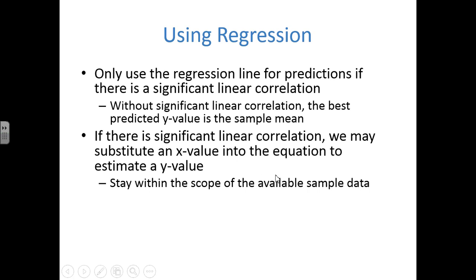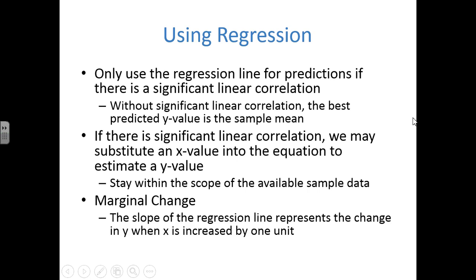If we try to predict outside of the sample data used to come up with that model, we will not be getting good predictions. The marginal change is the same thing as the slope. It's the rate of change of y when x is increased by 1 unit. That is the same definition that you learned in high school for the slope of the line.